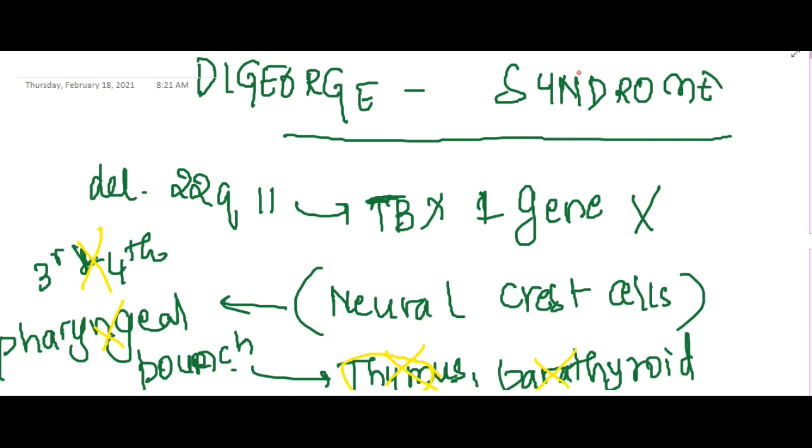This TBX1 gene normally causes neural crest cells, which are responsible for third and fourth pharyngeal pouch formation, which normally helps in the production of thymus and parathyroid. But because of this TBX1 gene defect, third and fourth pharyngeal pouch formation is defective, so there are no parathyroid and no thymus glands found.